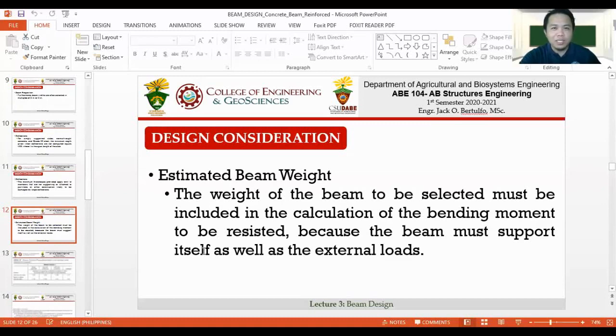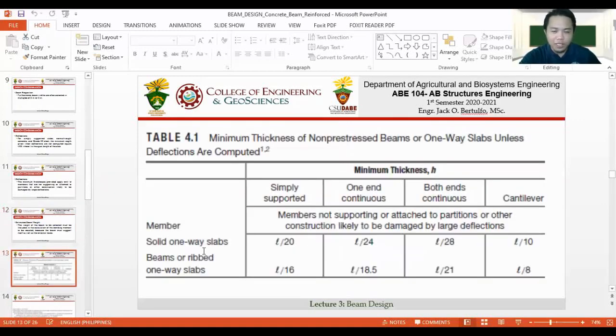So the issue here is how to estimate the cross-section of your beam. So we have here this table. It provides the minimum thickness of your beam and solid one-way slabs. So just be familiar with the table. L is the span in inches. You have this formula here for simple supported, one end continuous, both ends continuous, then cantilever.